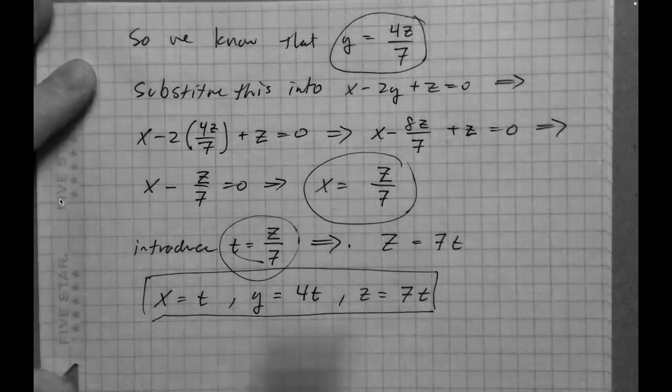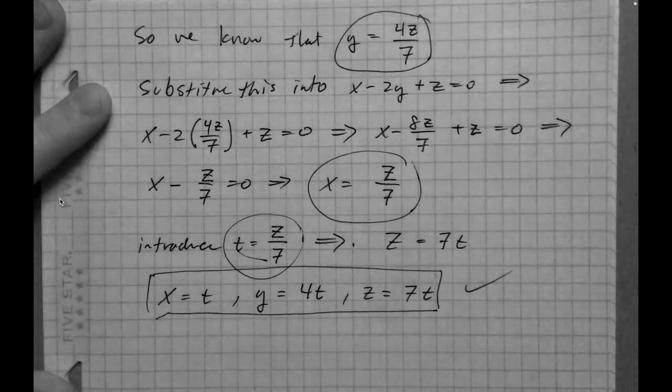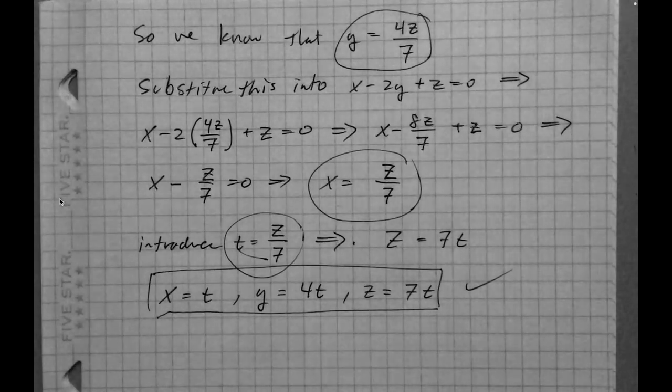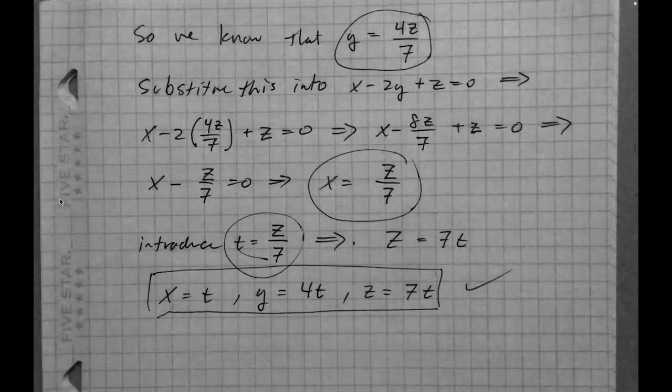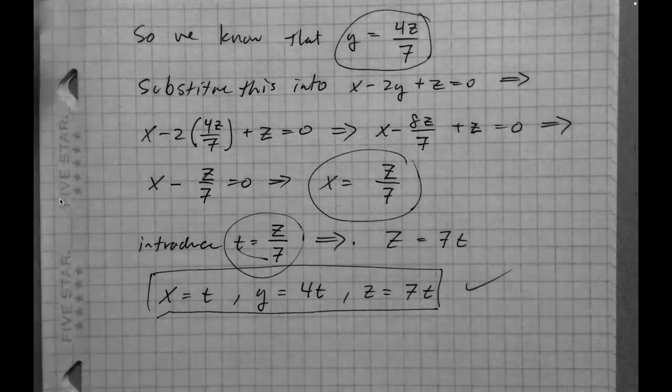And so given this, these are the parametric equations for the line of intersection. What you could say is that 1, 4, and 7 are the direction numbers for the line of intersection.